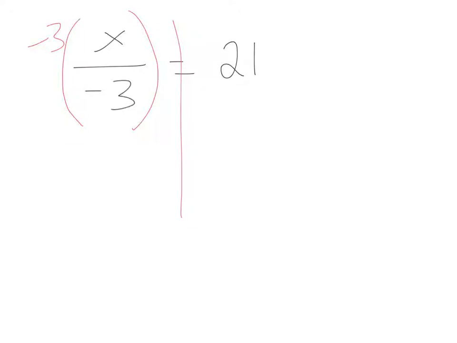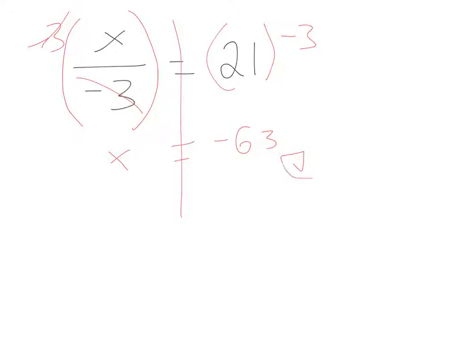So you actually have -3x divided by -3. Well, -3 divided by -3, these will reduce out again, and you'll actually have just a +1, and that's going to be 1x. But whatever you do to one side of the wall, you have to do to the other side of the wall. So you're going to multiply by -3 over there. -3 times 21 is going to be a -63.